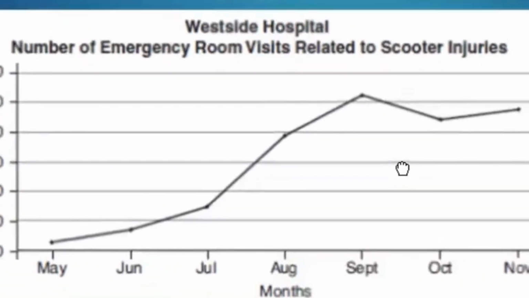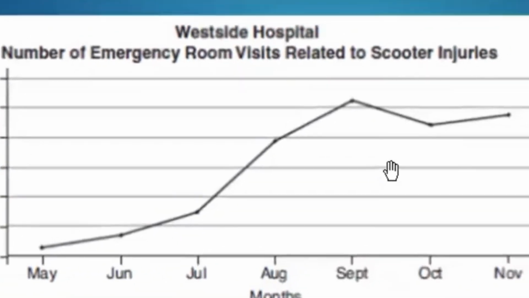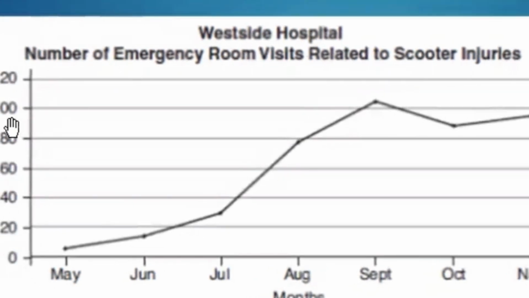With this question, you could be tricked. Each point here has a numerical representation on the y-axis, or vertical axis, for the number of ER visits.